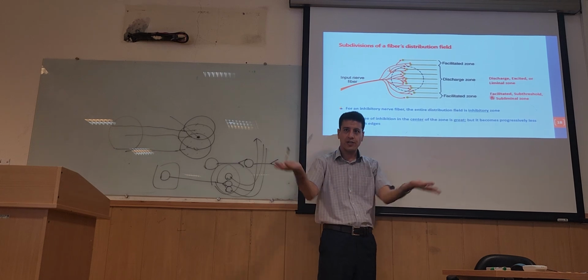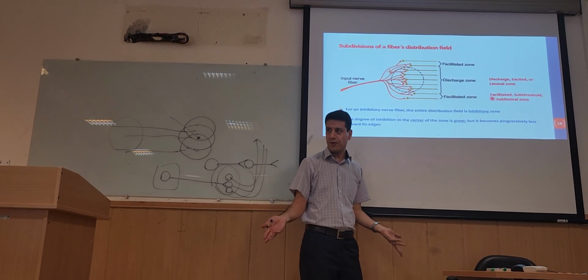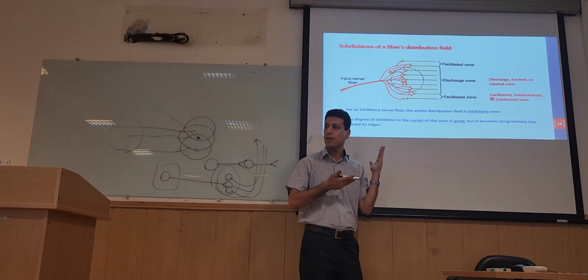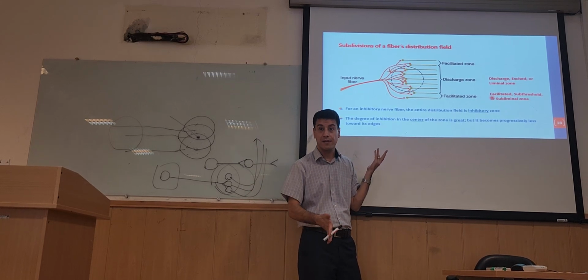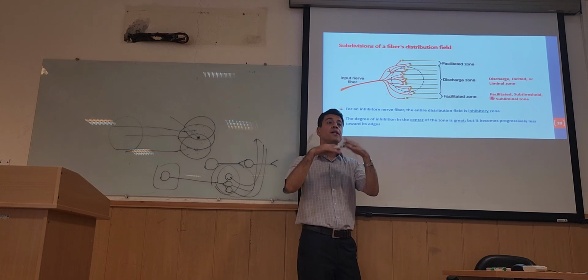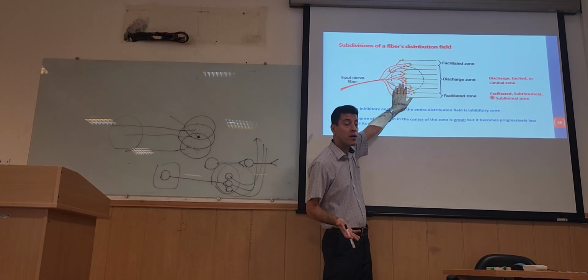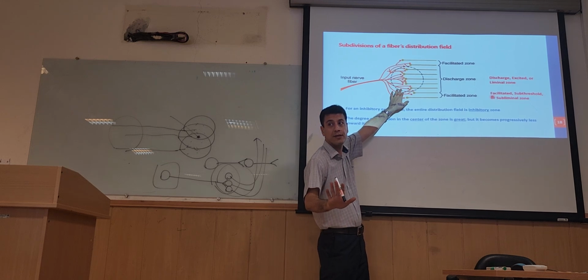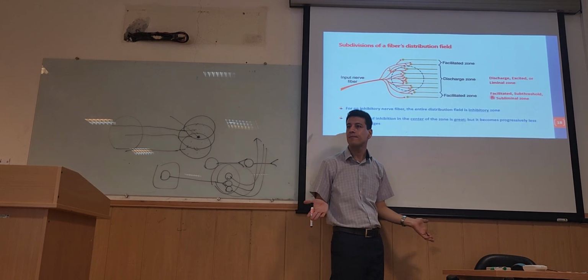The whole region is inhibitory. We don't have a facilitated zone because the stimulation is inhibitory. The cell is inhibited. We have a combination or summation of IPSPs. But the central region shows more inhibition. The peripheral region shows less inhibition. Got it?